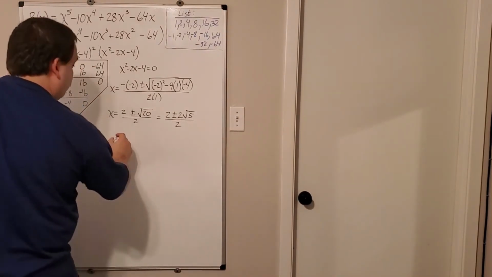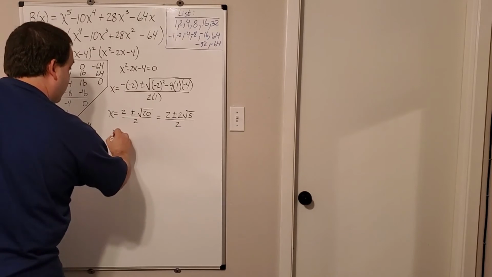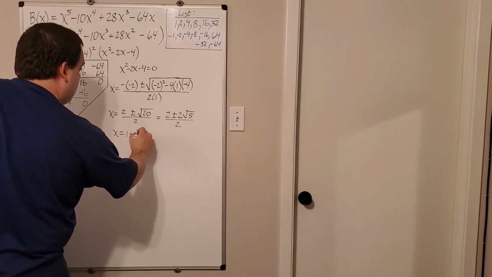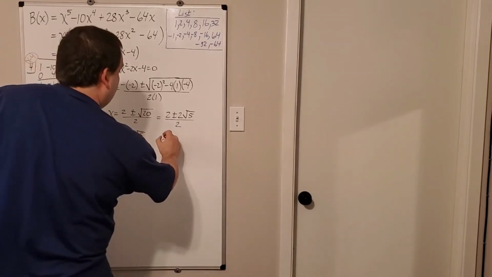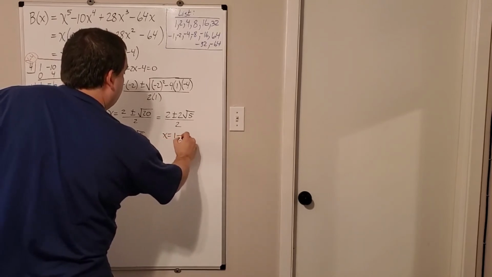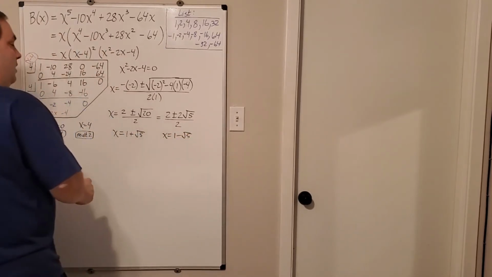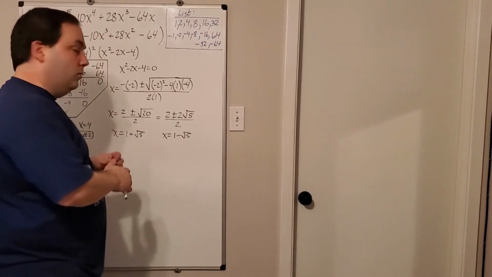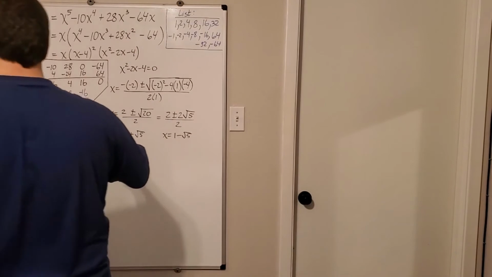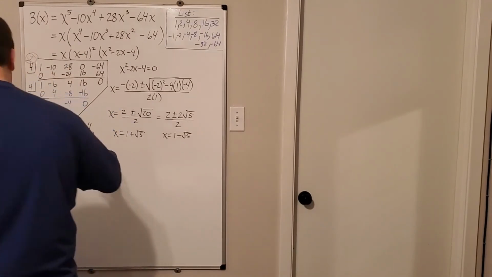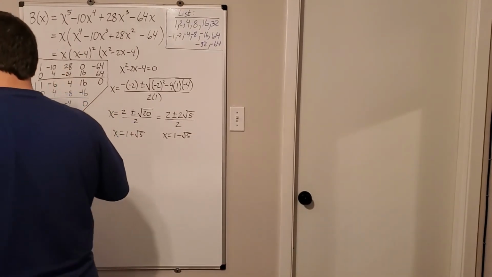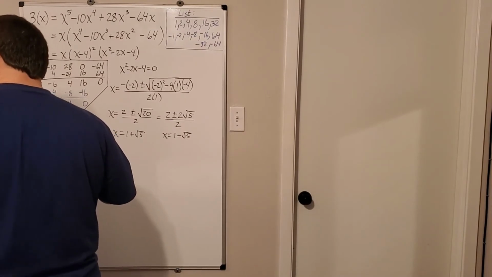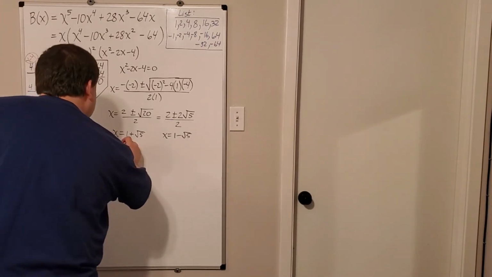So I'm getting two more intercepts here. I'm getting x is 1 plus the square root of 5, and I'm getting x is equal to 1 minus the square root of 5. Since we are going to use these for graphing, let's go ahead and write down the decimals for these. The decimal for 1 plus the square root of 5 is going to be 3.236.